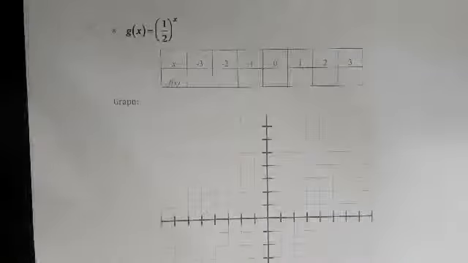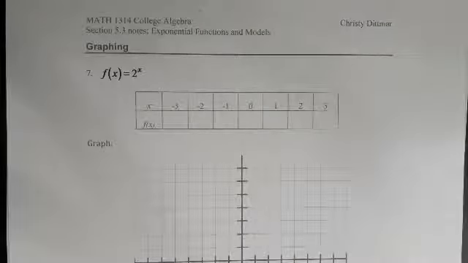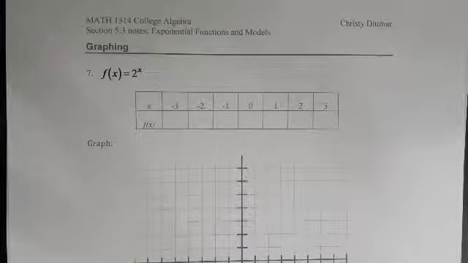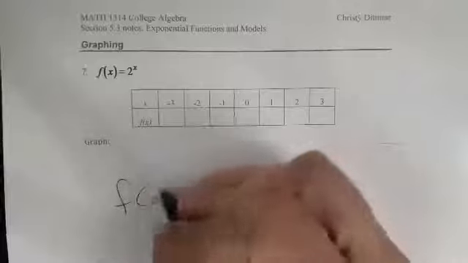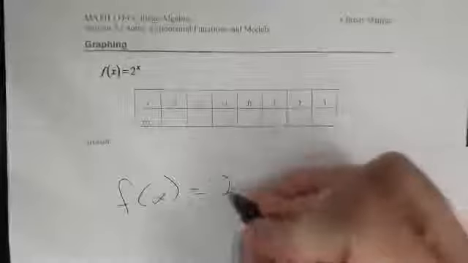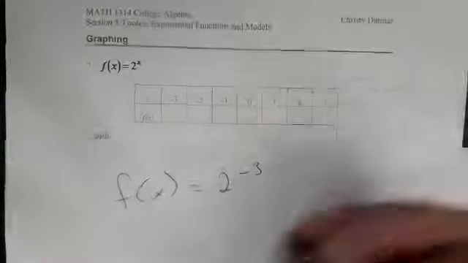I want you to think about what happens if you multiply by a number that is larger than 1. That is what we're doing here with these exponents. We have done negative exponents before, but for this first one, if I want to figure out f of x when my x is negative 3, it looks like 2 to the minus 3.